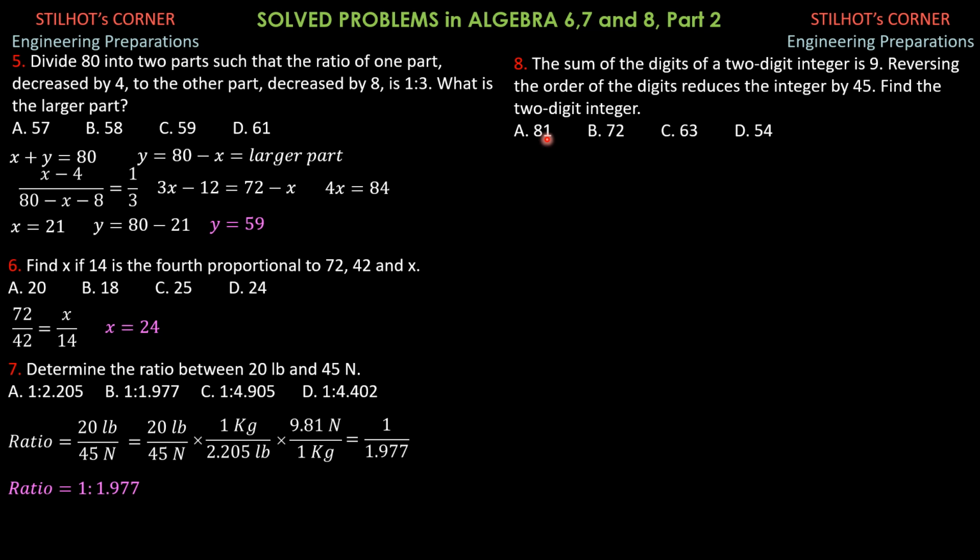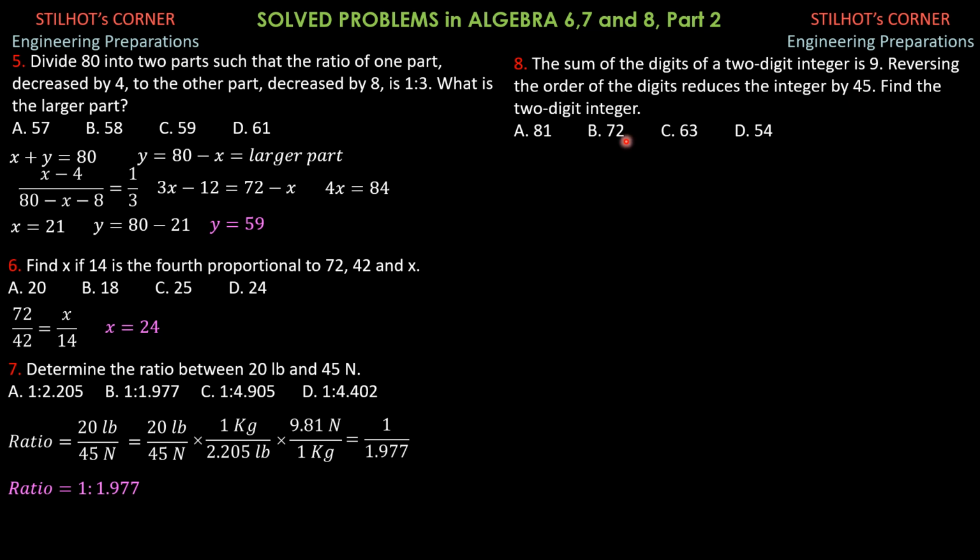So for instance, if we reverse 81, it becomes 18, and 81 minus 18 is not 45, of course. While part B, 72, becomes 27 if you reverse it. So from 72, it becomes 27. So it is indeed reduced by 45.